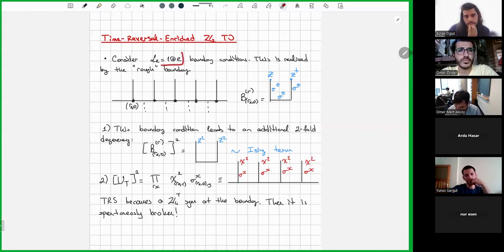Now, let's choose the other boundary condition and let's see what happens. So now I look at the E-condensed boundary, and the E-condensed boundary condition is realized on the lattice by what's called a rough boundary. Rough boundary means that you terminate your square lattice with dangling links at the end. So the last sites have these dangling links coming out of them.